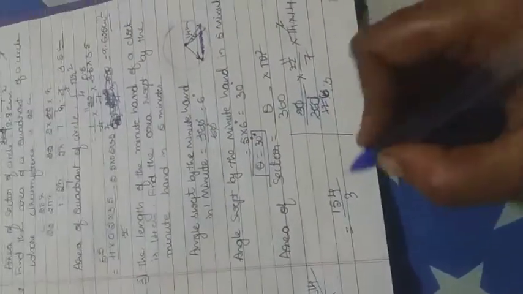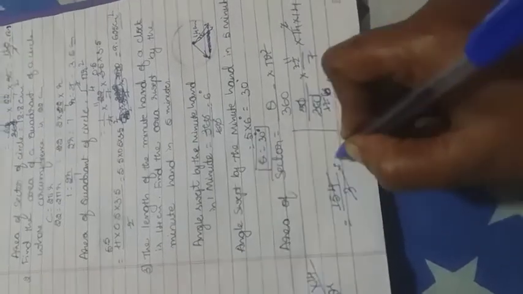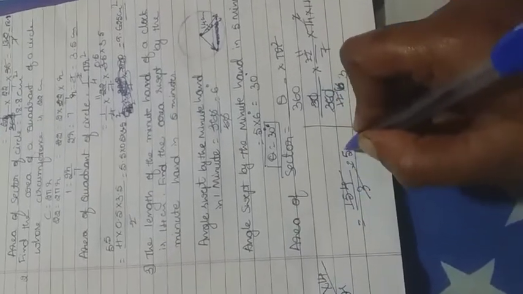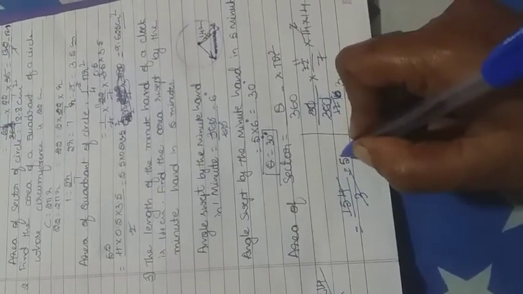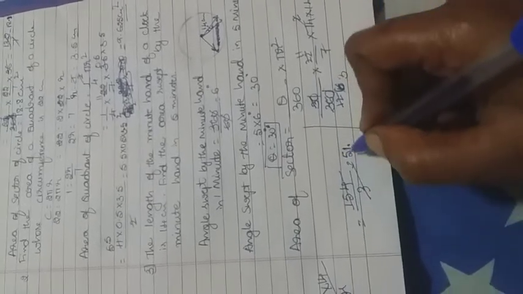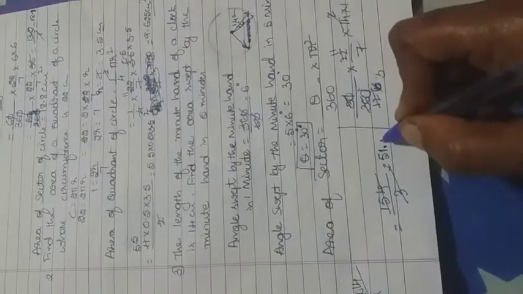Area of a sector: 3 fives are 15, 3 ones are 3, almost 51 point, with one remainder, 3 threes are 9.